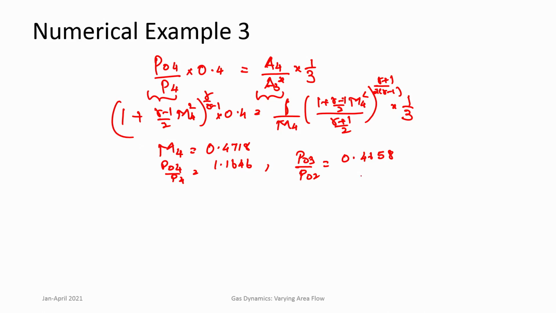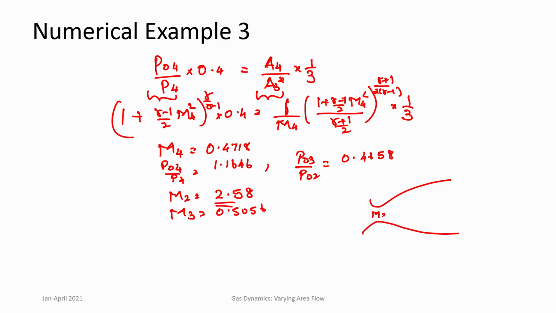So the Mach number of the shock is 2.58. So M2 is 2.58 and M3 is 0.5056.